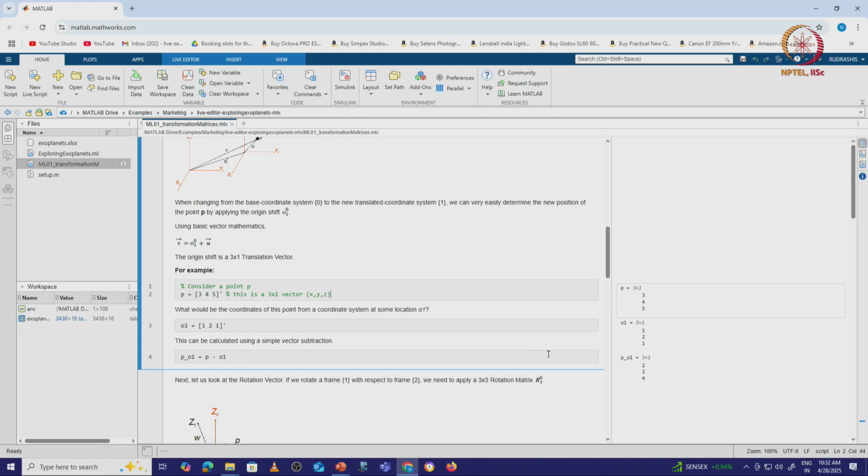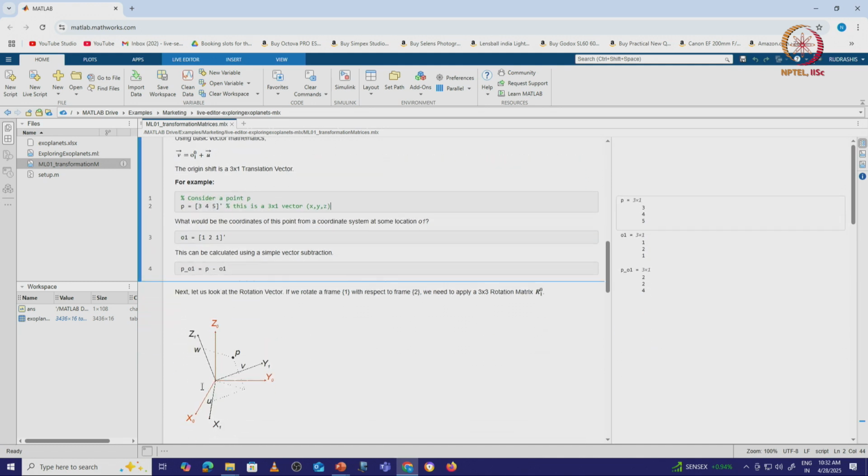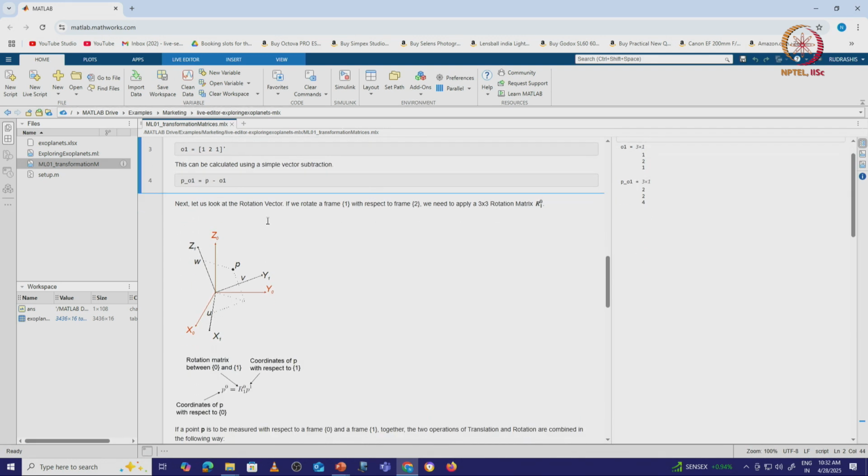You can just do a simple subtraction between the point P and O1. Just to give a notional representation, at the bottom I am showing x naught, y naught, z naught in a 3-dimensional representation, and if I do a rotation then it becomes xt, yt and zt.